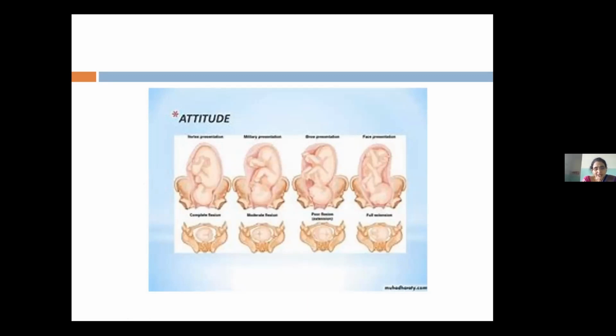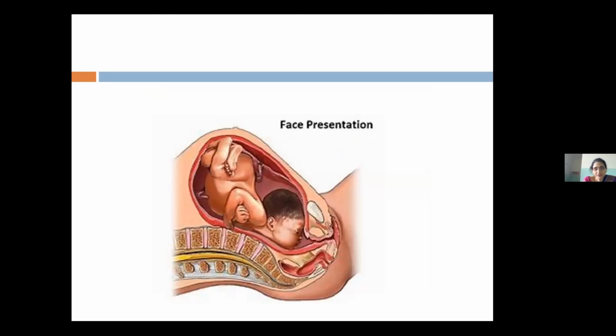So different attitudes, depending upon the deflection, different presentations can occur. So this is a face presentation where you can see the complete extension of the neck, and the mentum or the chin is the denominator or the presenting part.